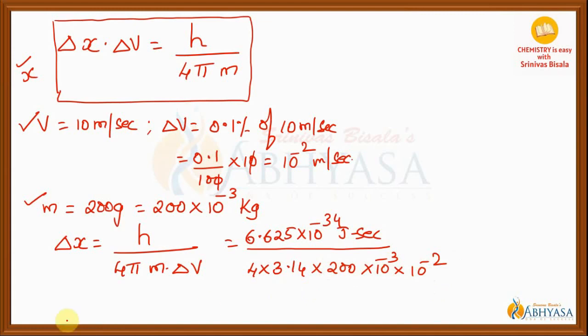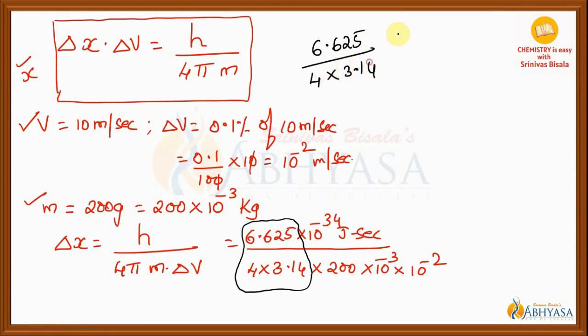Let's do this calculation. In the examination, you may take some more time to do this calculation. This is a very common term in this topic, that is h upon 4 pi. So I am giving you the value of this one: 6.625 divided by 4 into 3.14.